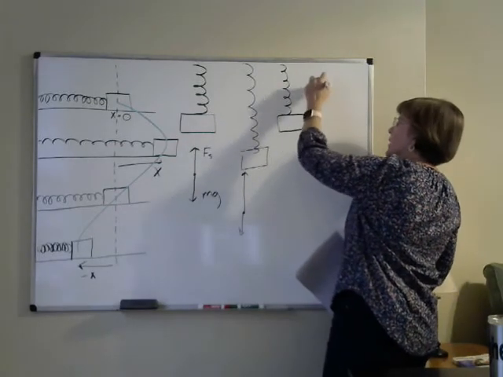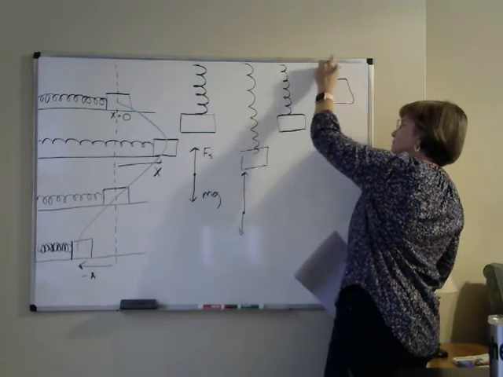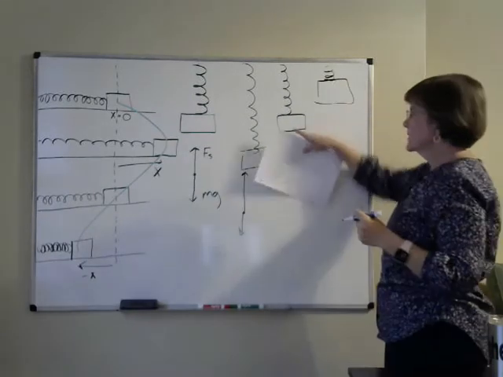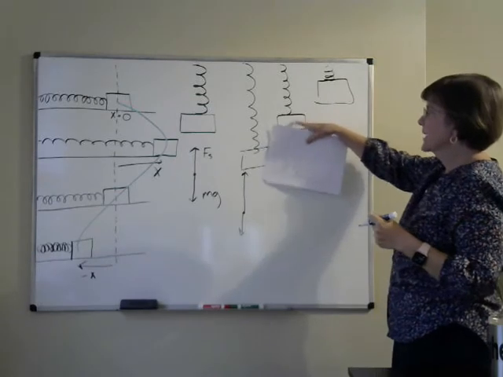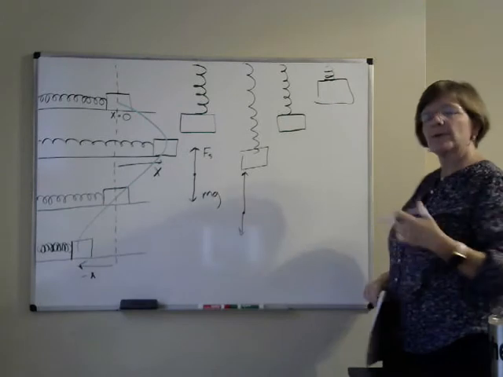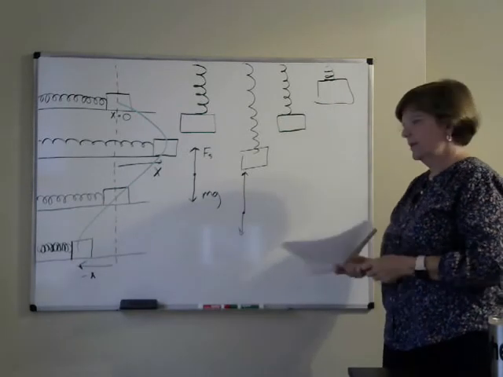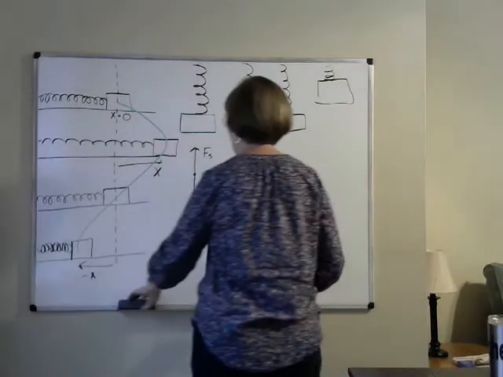It will keep right on going, compressing that spring until all of this kinetic is back into potential. Again, it will keep that pattern and repeat it over and over. So you get this periodic motion. Looks much like a wave.